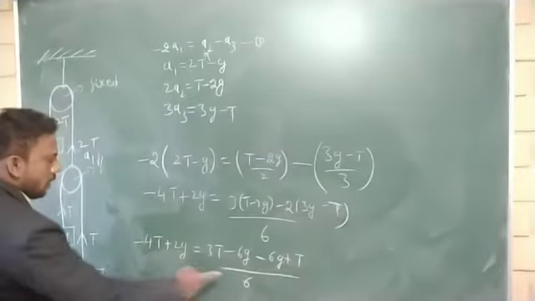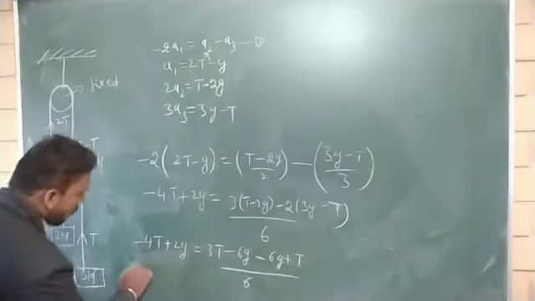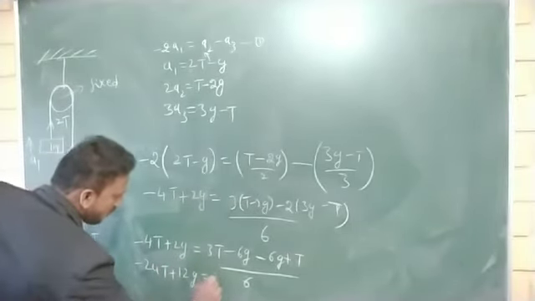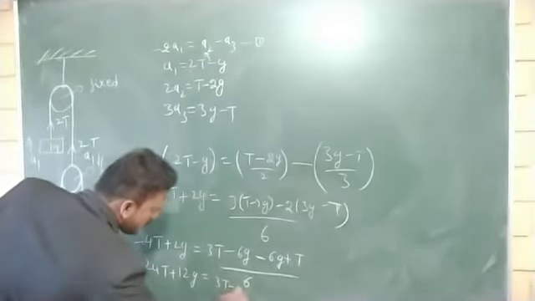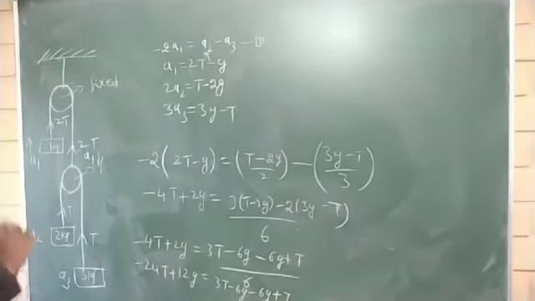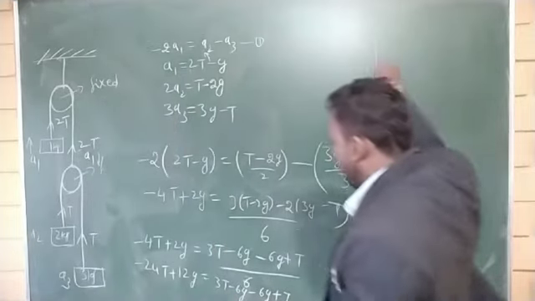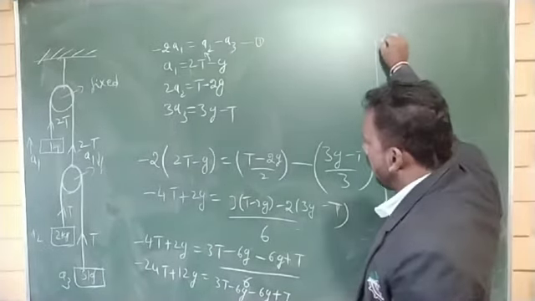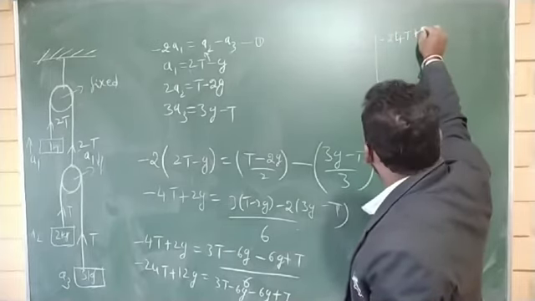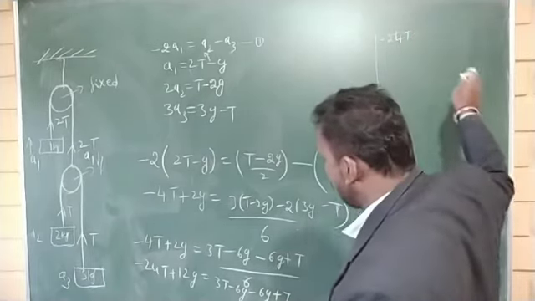Multiplying by 6: minus 24T plus 12g is equal to 3T minus 6g minus 6g plus 2T. Then again simplify. Minus 24T plus 12g. 12g comes to this side, it becomes negative.